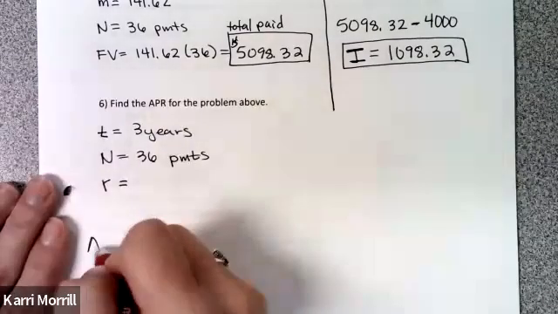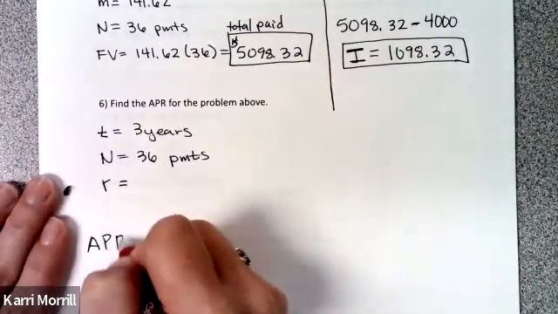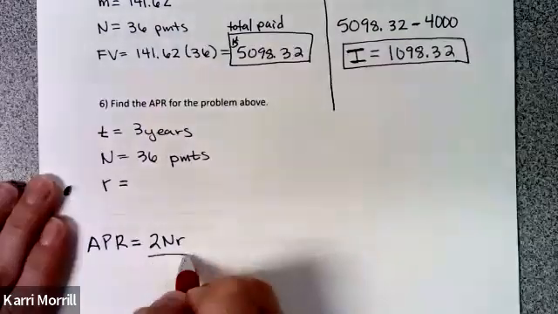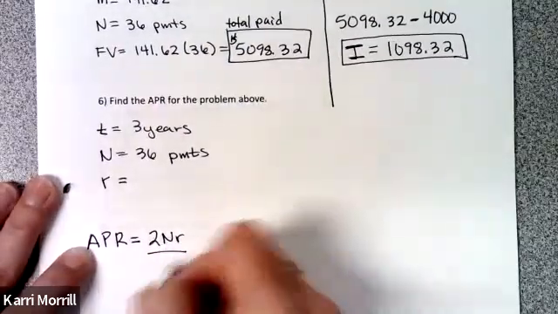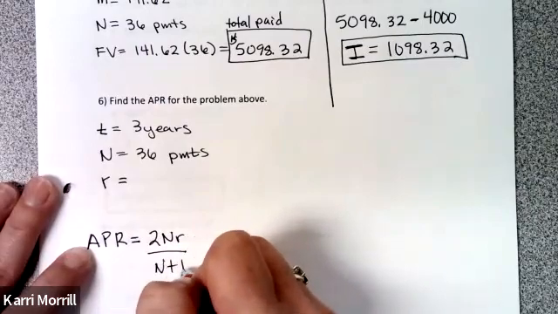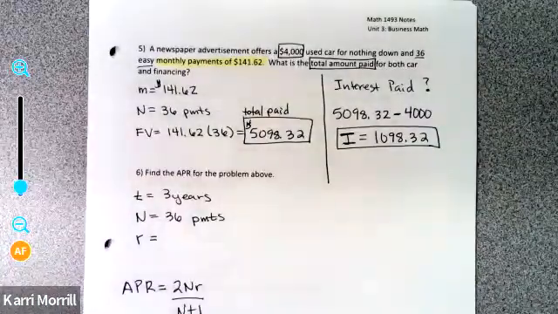So this is where APR gets a little bit hard. I say hard, but remember, when we're finding APR, that's our 2 times N times R, and then your N plus 1. They don't tell us the interest amount in that problem, do they?